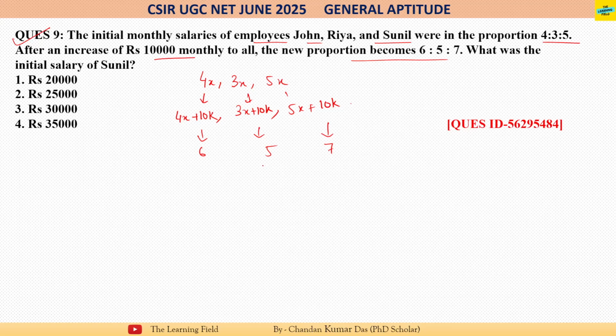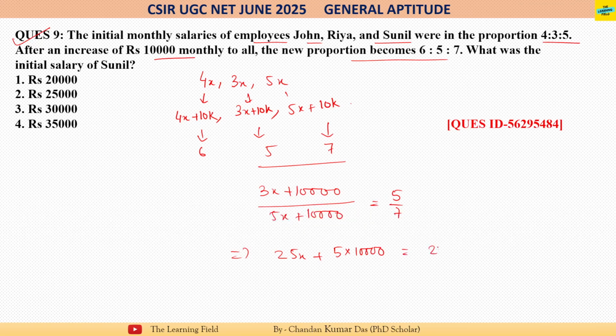So if we take these two ratios, 3x plus 10,000 by 5x plus 10,000 is equal to 5 by 7. So 21x plus 7 into 10,000 is equal to 25x plus 5 into 10,000.